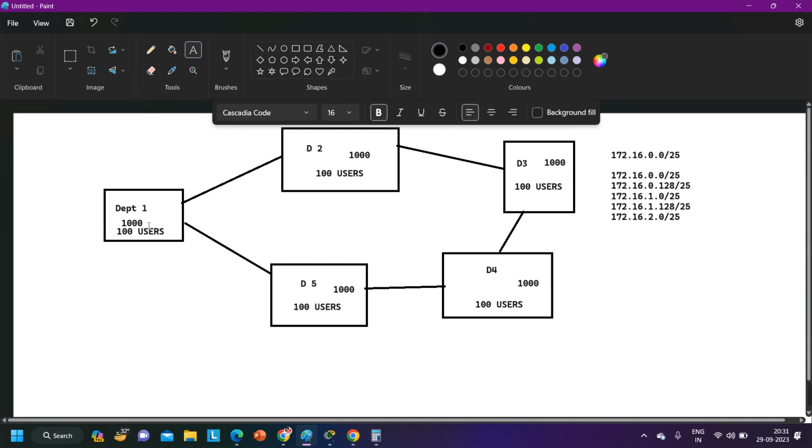And if we need 10,000 IP addresses in each department, can I use class B?